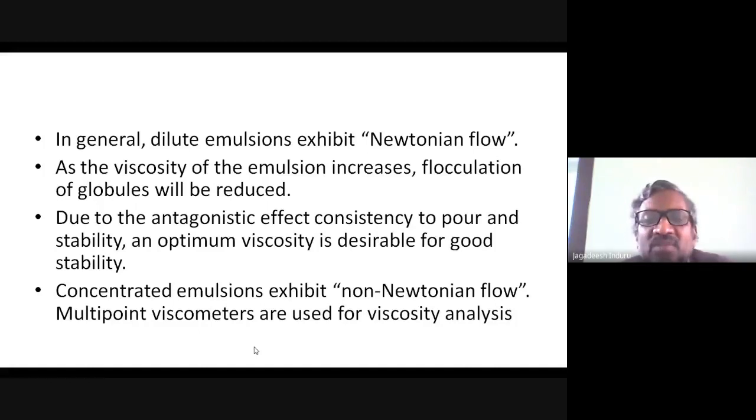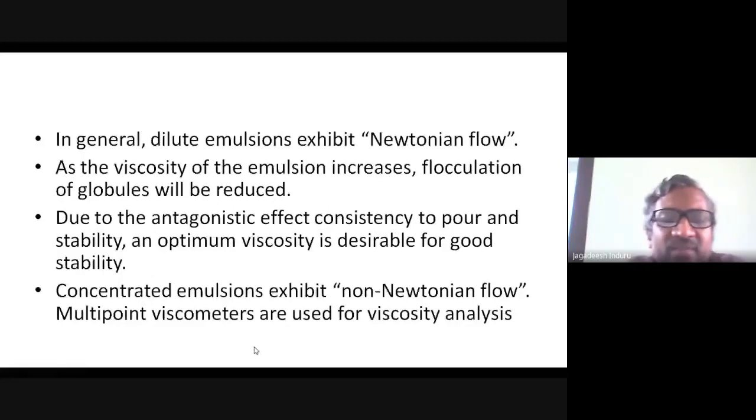Most of the times, in the lower level of emulsions that are not semi-solid in nature, they will have pseudoplastic flow. There we need to use multi-point viscometers. Whereas for creams, we use these multi-point viscometers to determine the yield values also, and they are used for the viscosity analysis.